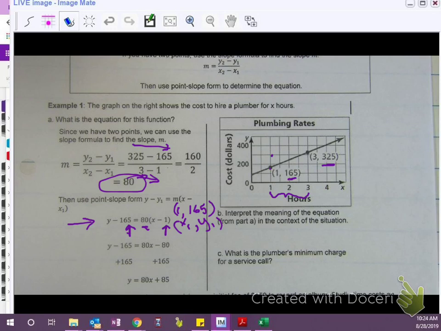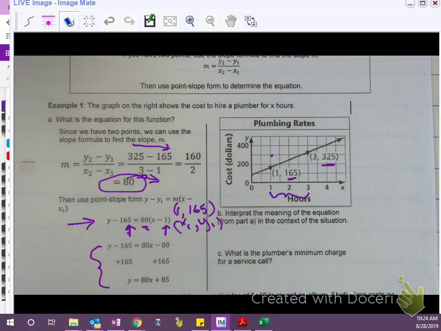So on your paper, when it asks you for the point slope form, you're going to write it just like that. Then when it asks you to find the slope intercept form, you're going to show these steps in your work. So the first thing we have to do is distribute the 80.